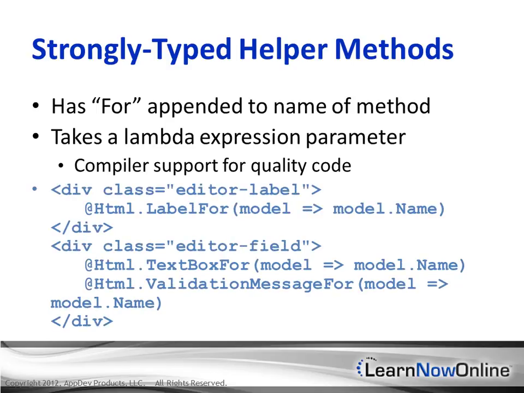We have our two div elements, the first of which has Html.LabelFor, and then we're passing in our lambda expression within the parentheses. In the second div class, we have a TextBoxFor, and again passing in our lambda expression, and lastly we have our ValidationMessageFor, passing in yet another lambda expression.